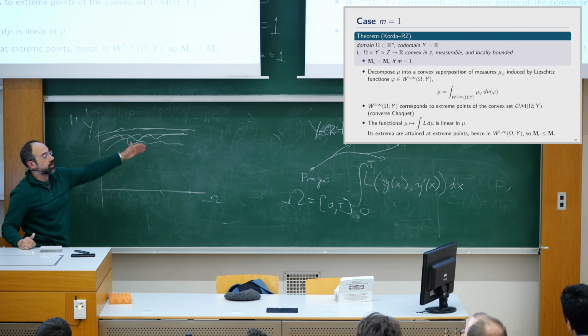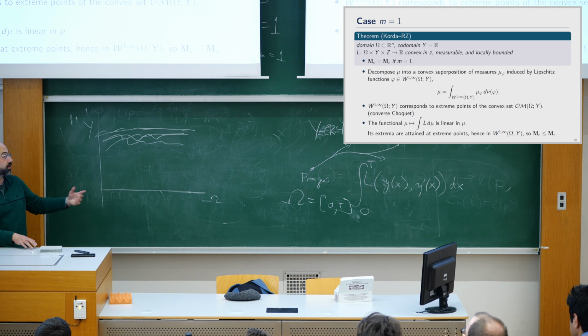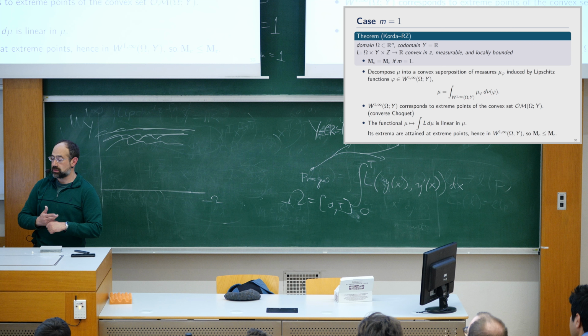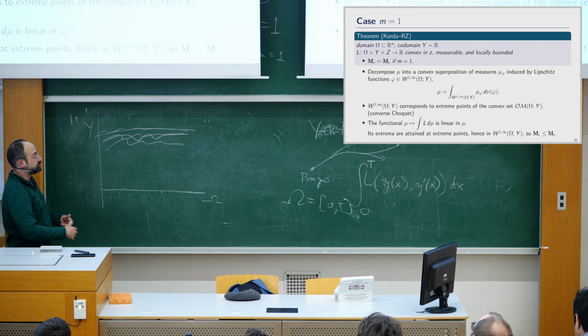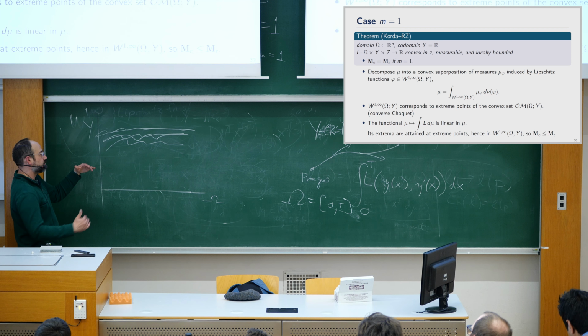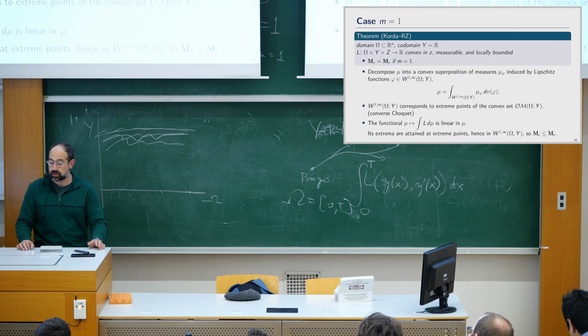In fact, how do you turn it into maybe one of them, right? A single Lipschitz function, right? So it's a little mysterious. So what we found is that, in fact, this mu, you can decompose it into a superposition of measures that are induced by Lipschitz functions.